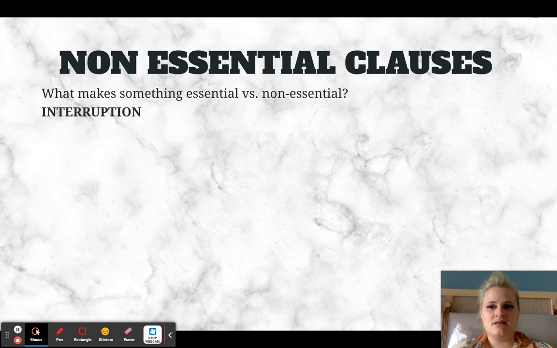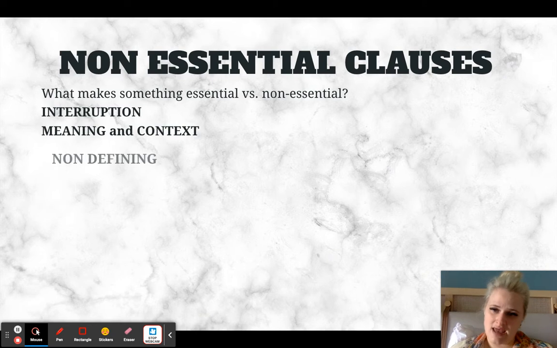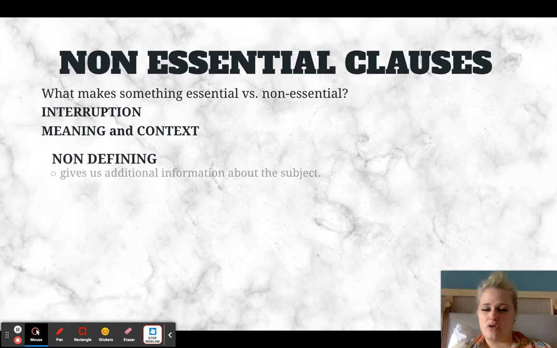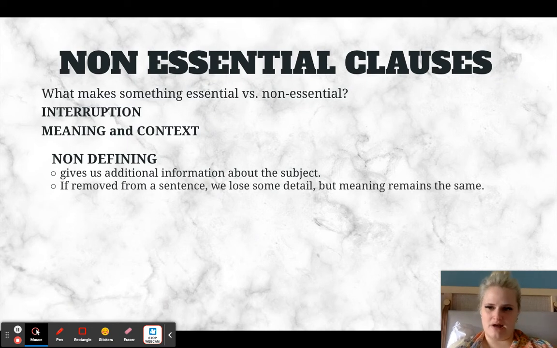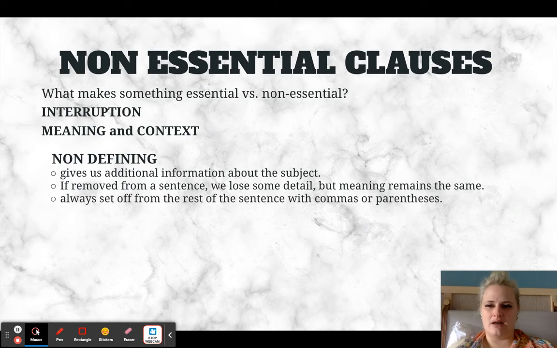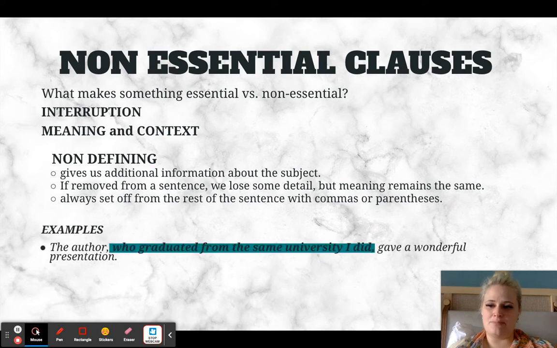Non-essential clauses, why we have those in is because it adds context or some detail to the sentence. It interrupts it, but it also helps it a little bit. It doesn't give us essential information that we need, but we still kind of like it a little bit. Some examples: the author, who graduated from the same university I did, gave a wonderful presentation.